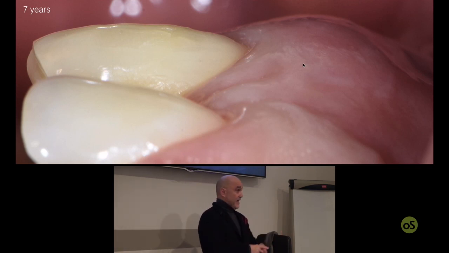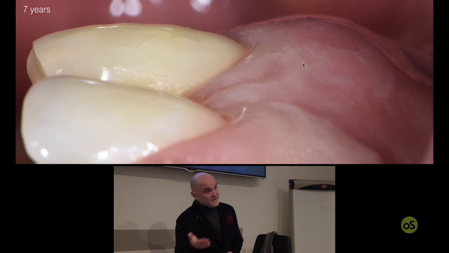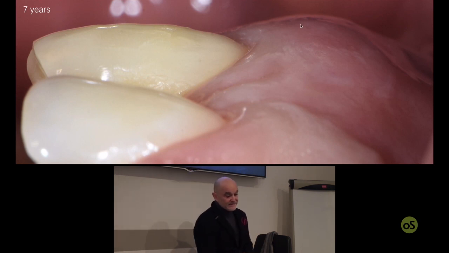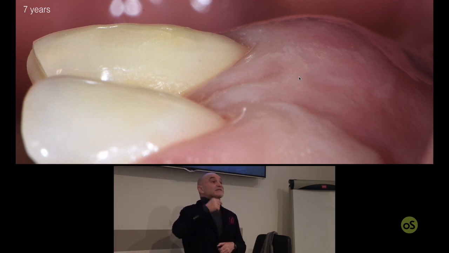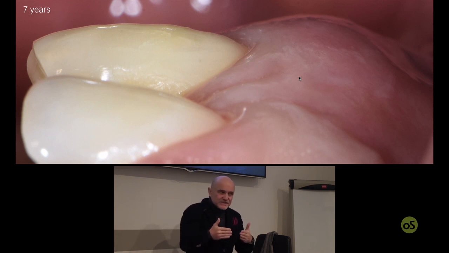If the thickness of the flap was 0.5, the thickness of the graft was 0.5, I expect to have a thickness of 1. No. After 3, 4, 5, 7 years, I have a thickness that is even more than 2. So there is a synergistic capability of this graft to increase in thickness with time.